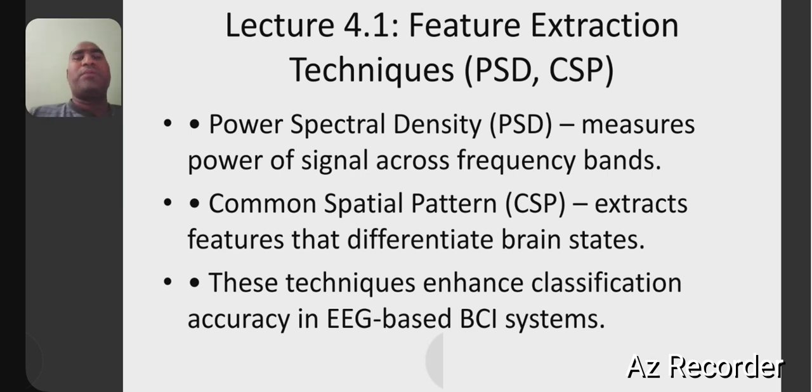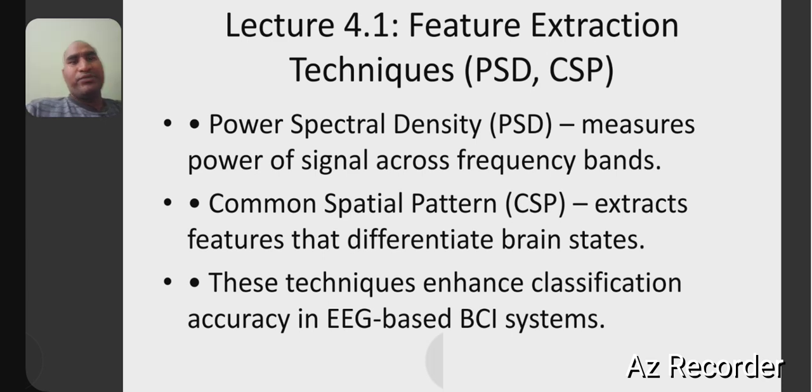And what are common spatial patterns? These are the patterns which extract the features that differentiate the different brain states. What are the brain states? How the intensity of the brain activity varies, that is indicated by these common spatial patterns.